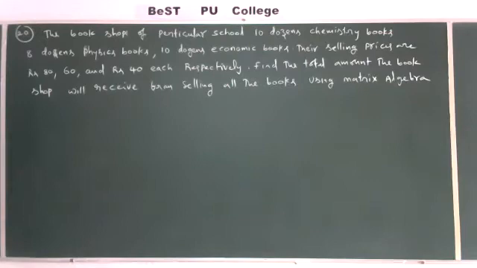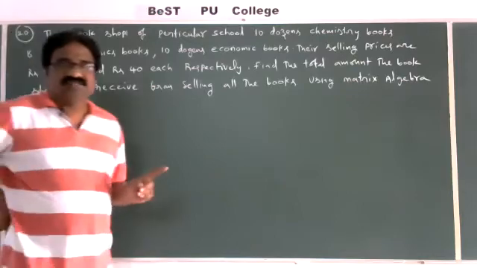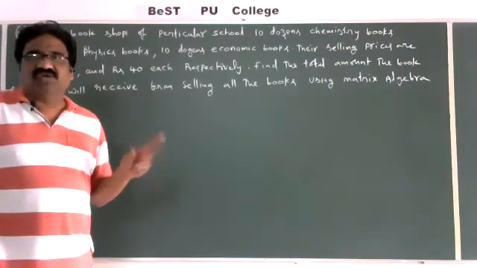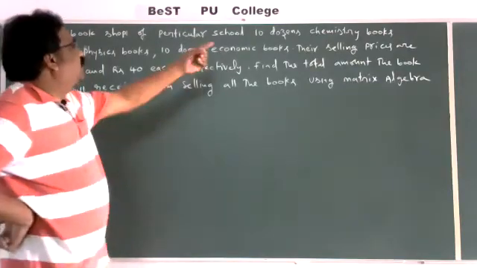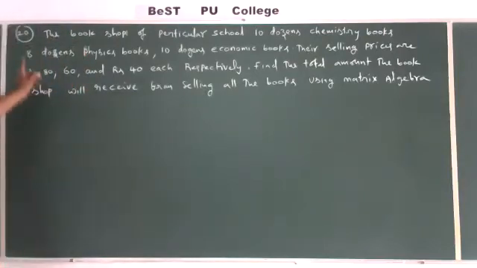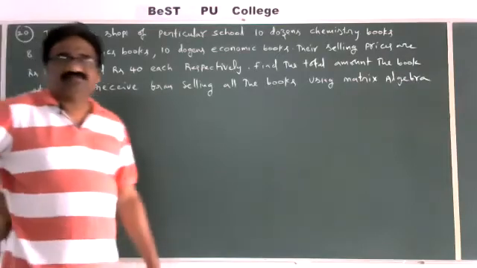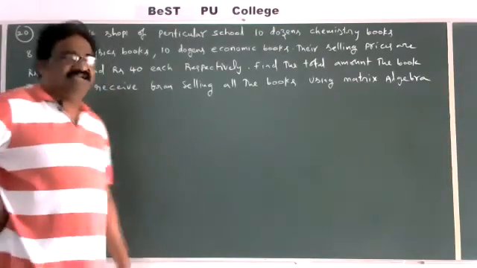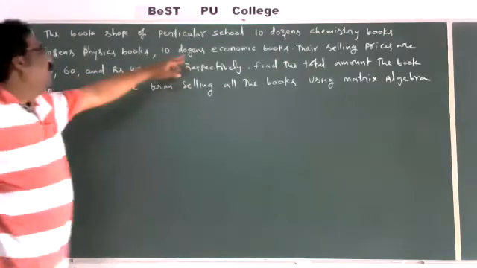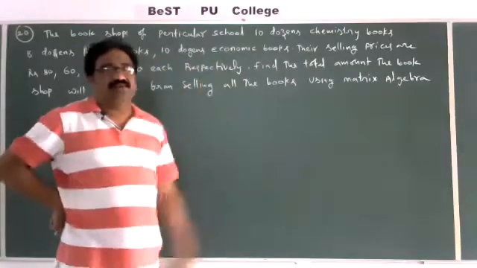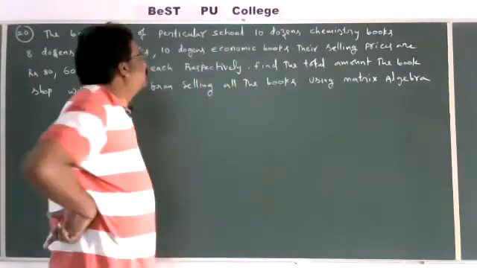Here, the bookshop of a particular school has 10 dozens chemistry books. One dozen is equal to 12 books, so 10 dozens means 12 into 10, 120 chemistry books, and 8 dozens, 8 into 12, 96 physics books, and 10 dozens economics books, that is 120 economics books.